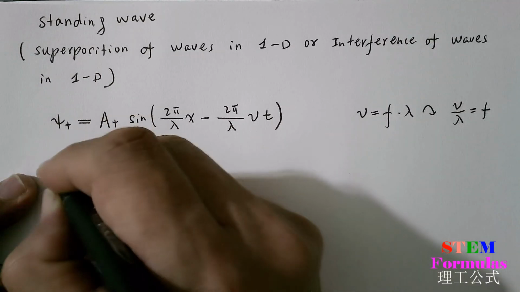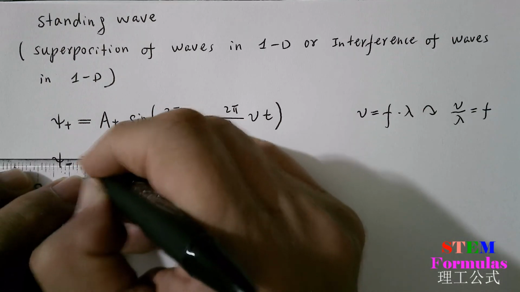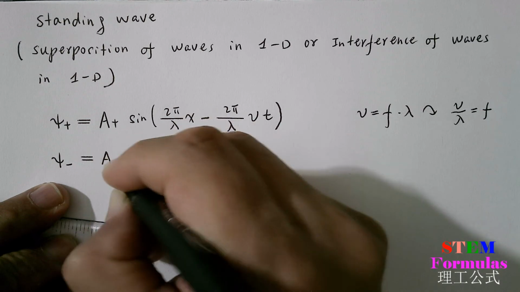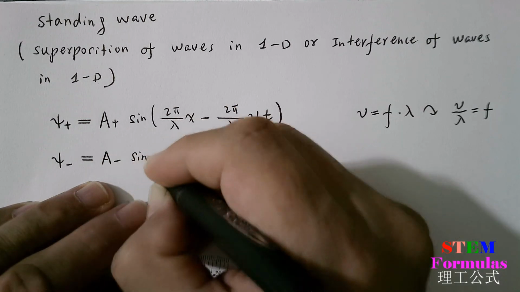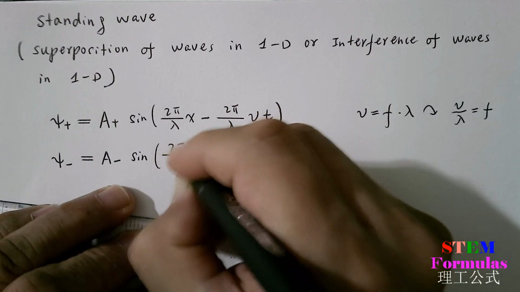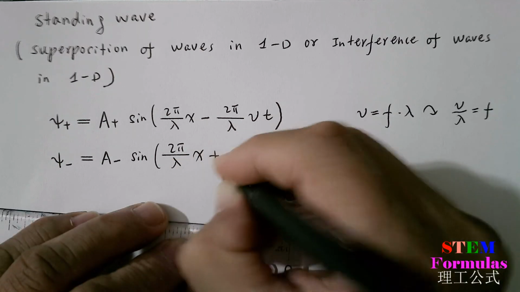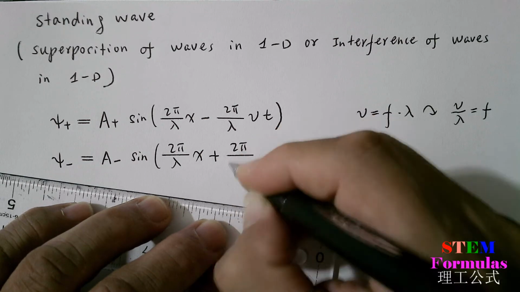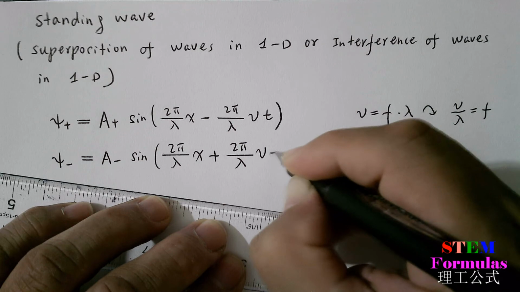Now I write down another wave, psi minus, equal to A minus sine of 2 pi divided by lambda x plus 2 pi divided by lambda v t.